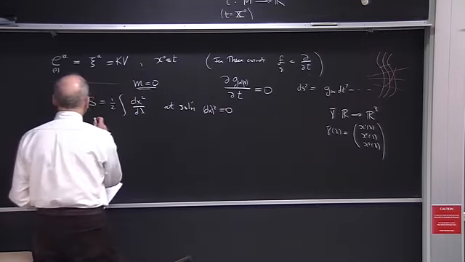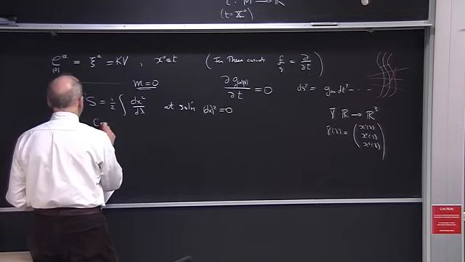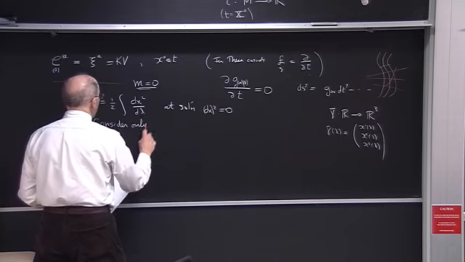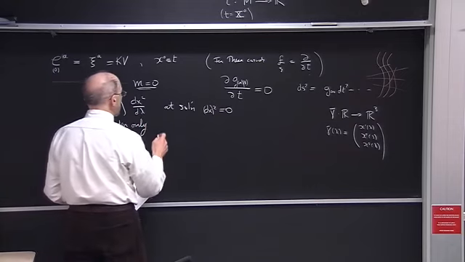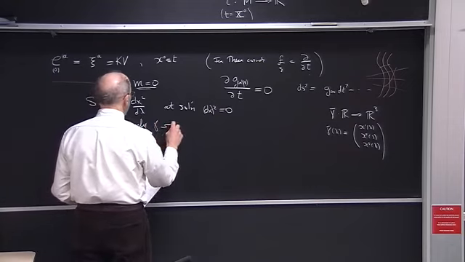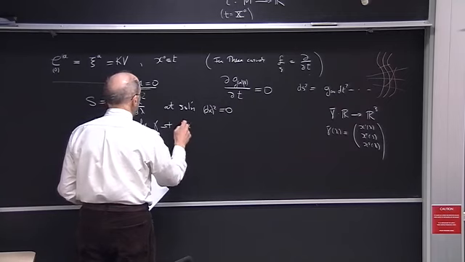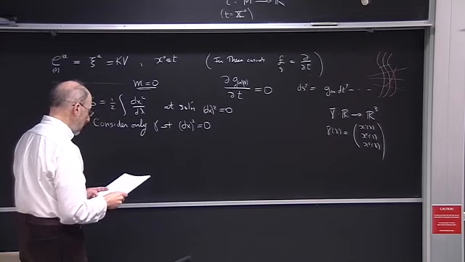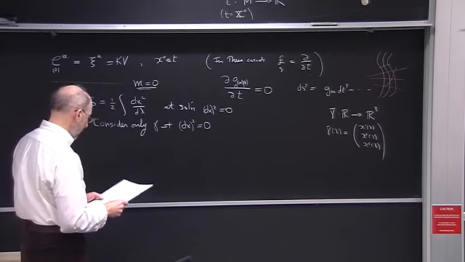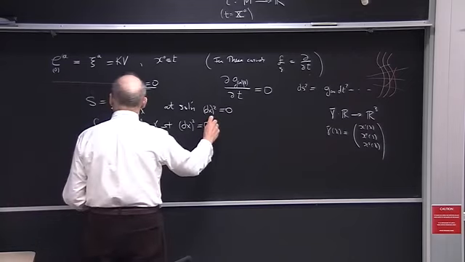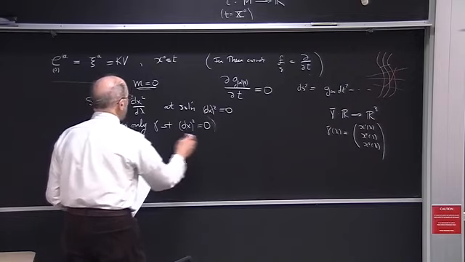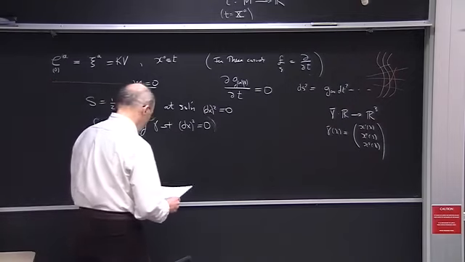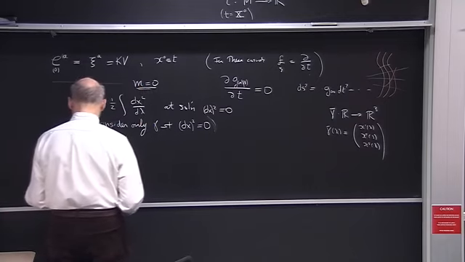So now let's make a restriction. We'll consider only light-like world lines, only γ such that dx² equals 0, only null ones whose tangent vector is null. That's a standing restriction: I'll never consider any curves that don't satisfy this in the following calculation.